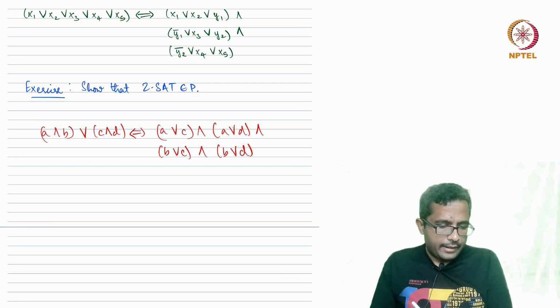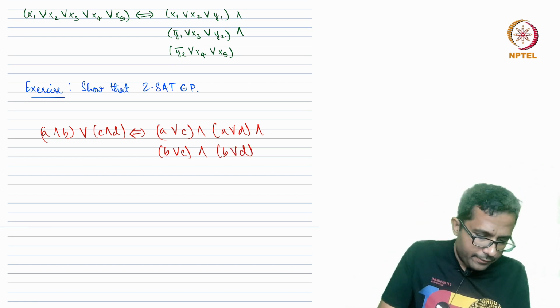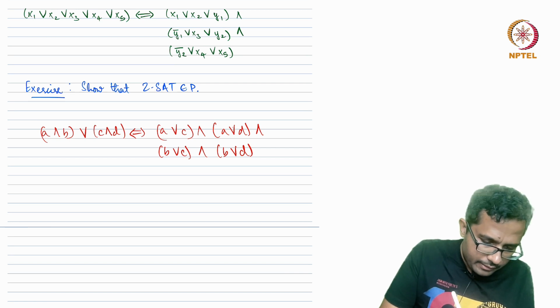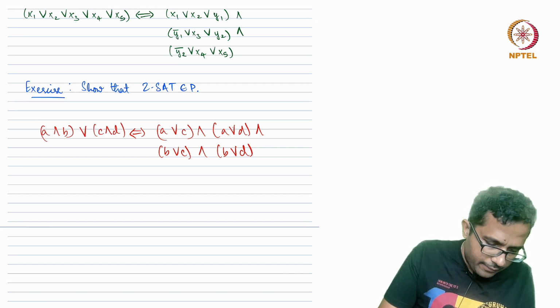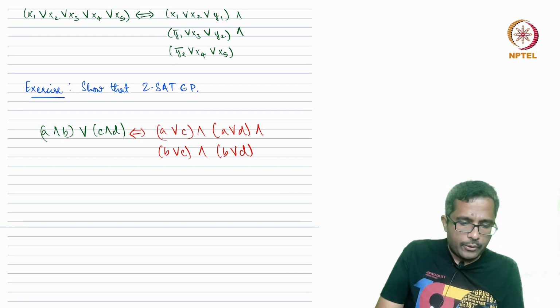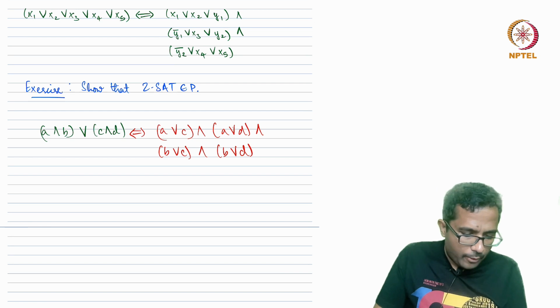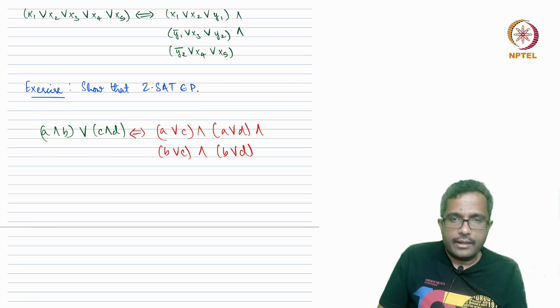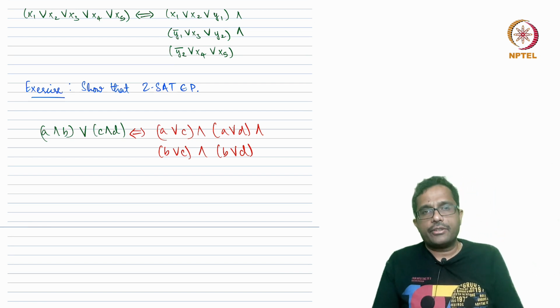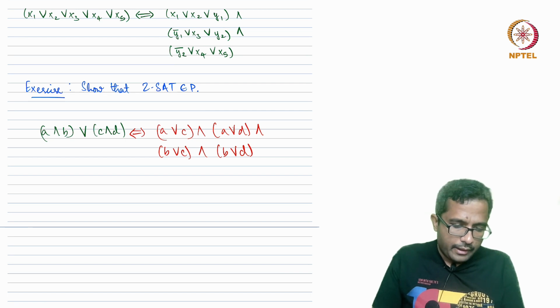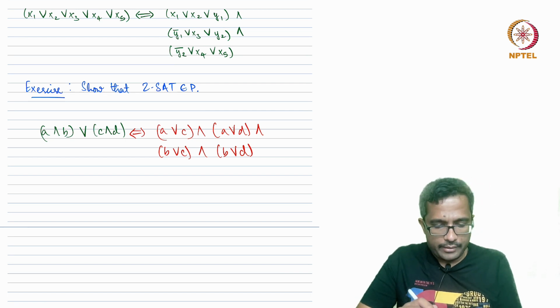You can verify that the formula on the left is true if and only if the formula on the right is true. The left formula is true if either A and B are true, or C and D are true, and on the right the same thing is required.